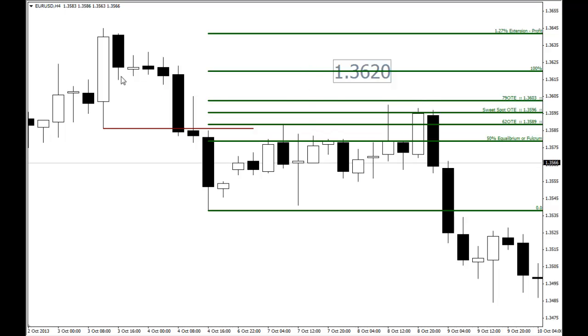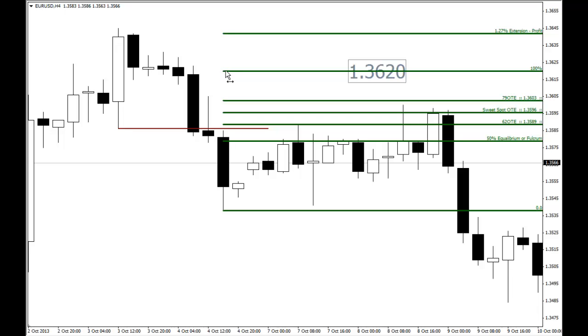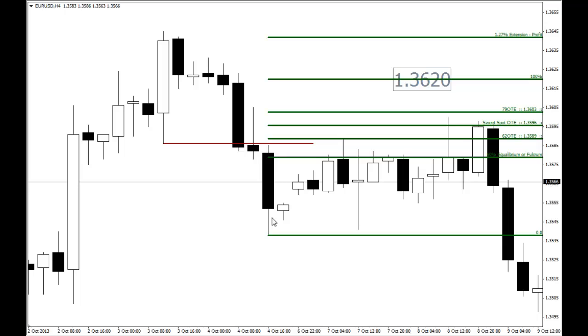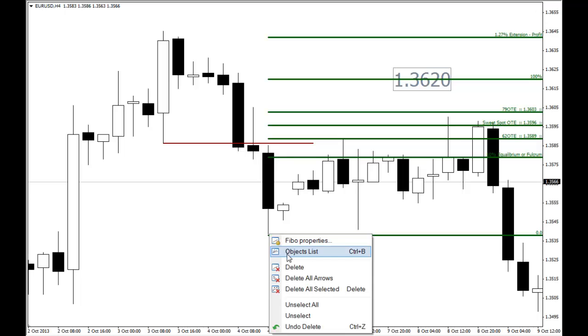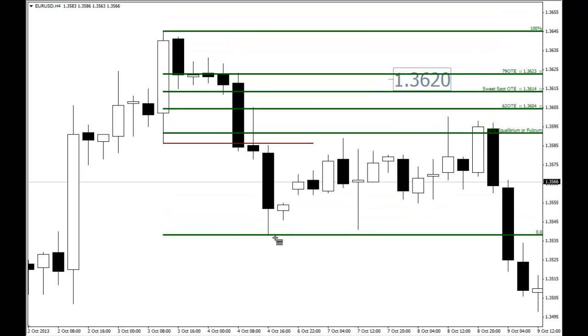If you want to go to the basic OTE, you can use this swing high and this swing high. But I'm going to show you the highest high down to that low. We got just the equilibrium point, which really isn't beneficial to me.